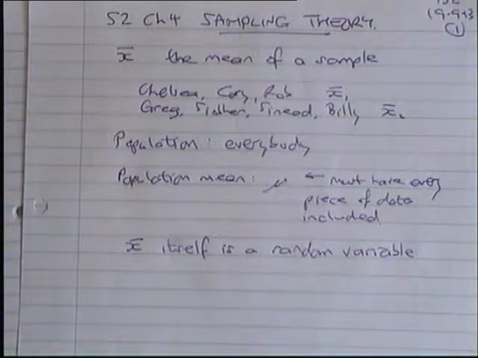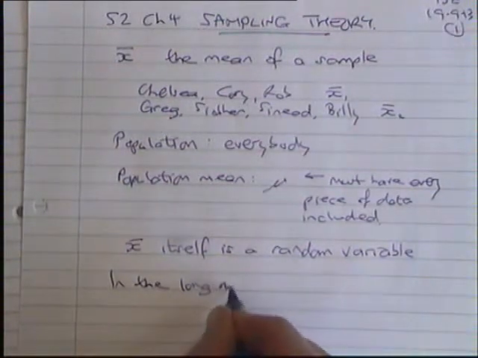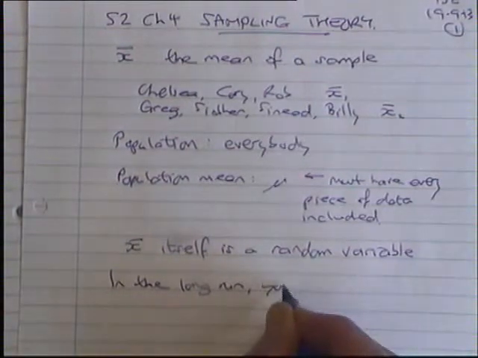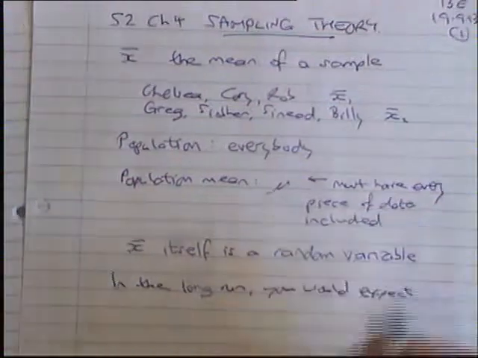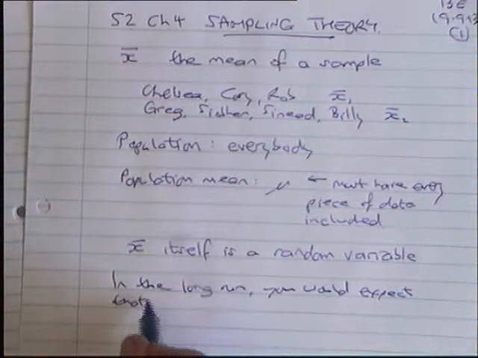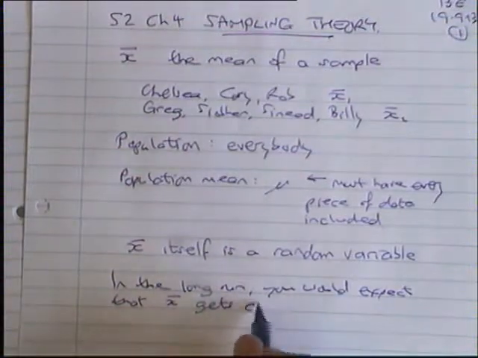X bar bar? Mu. Yeah, it should get close to mu, really. Okay. So in the long run, you would expect that x bar gets close to mu.